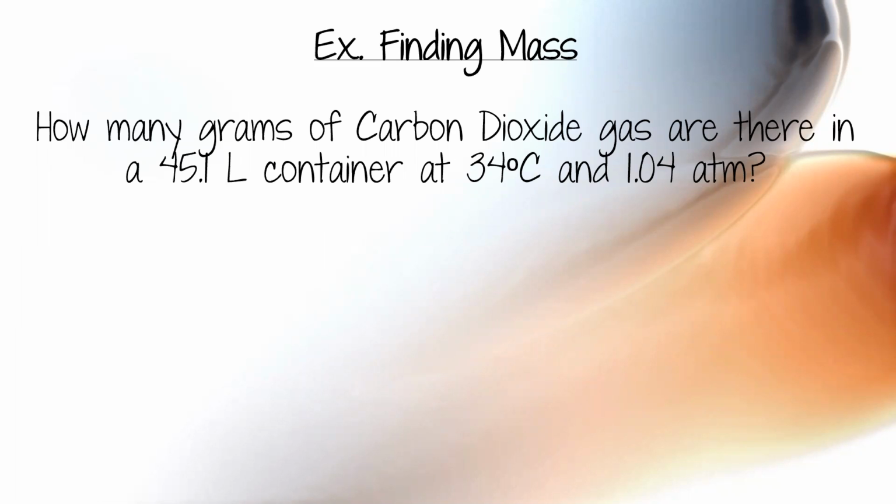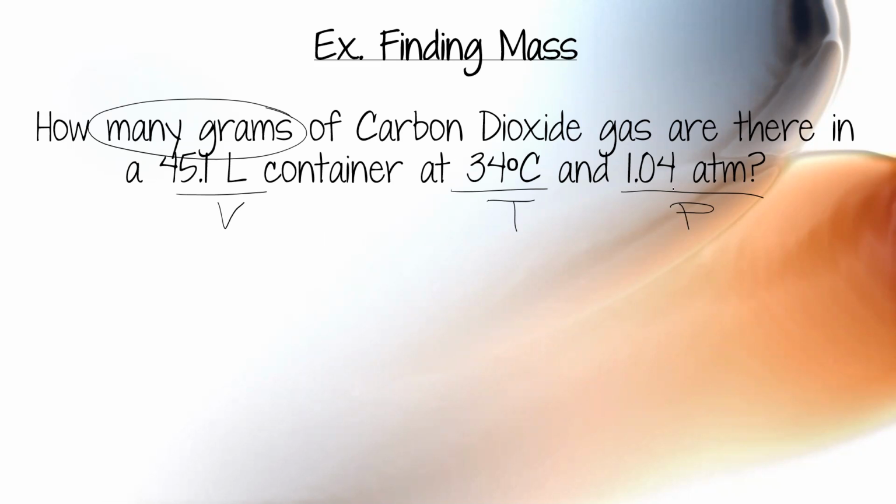Okay, so let's just try one full one where I'm specifically asking you to find grams. How many grams of carbon dioxide gas are there in 45.1 liters at 34 degrees Celsius and at 1.04 ATM?